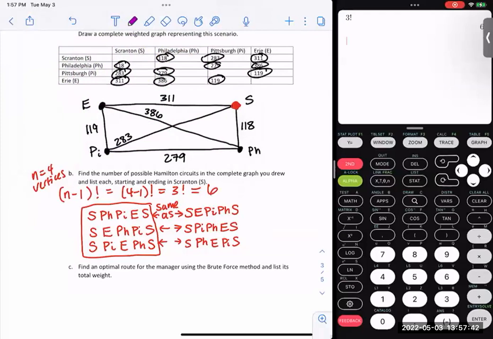All right, so let me go through these one by one. This first one is Scranton to Philadelphia, which is 118. Then Philadelphia to Pittsburgh, which is 279. Then to Erie, which is 119. And then back to Scranton, which is 311.